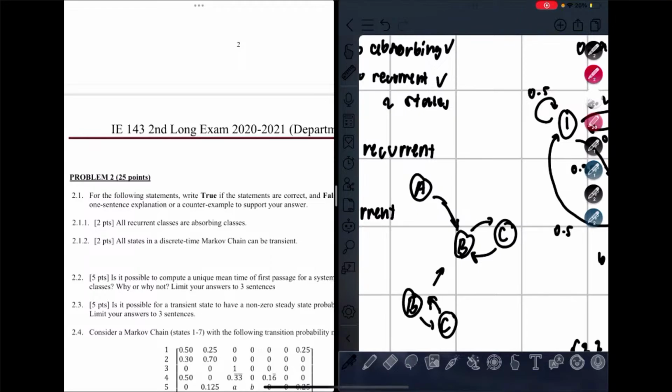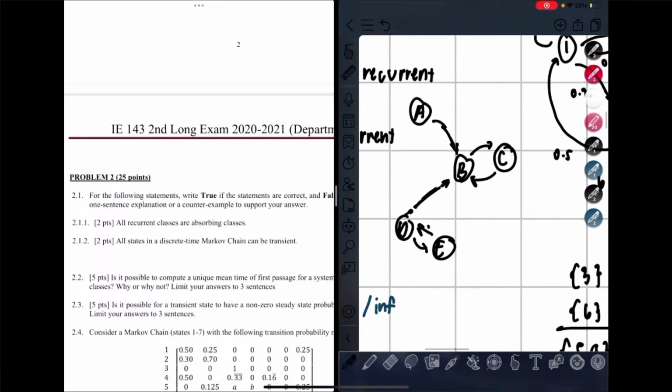Pero, sorry, not B and C. D, E. Because they can communicate with each other, right? Pero so long as there's a chance that D goes to B, there's no way to come back to D and E, right?